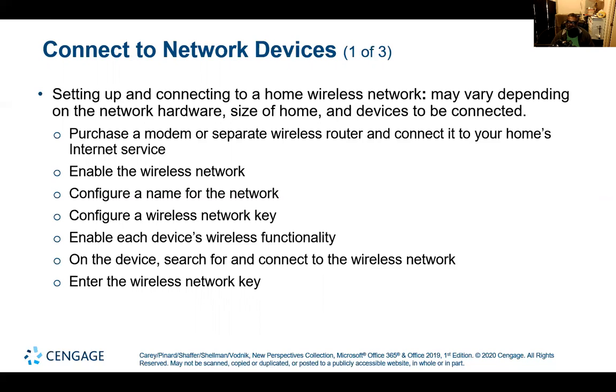Enable the wireless network, configure the name of the network, configure a wireless network key, enable each device's wireless functionality. On the device, search for and connect to the wireless network. Enter the wireless network key. Okay, now these are all steps for setting up a wireless network at your home, and they would do the same thing in a small business.